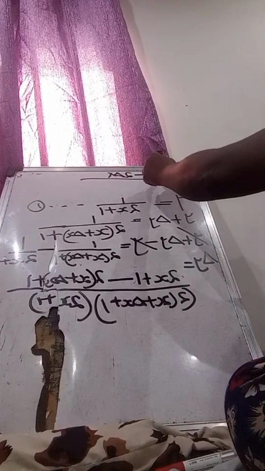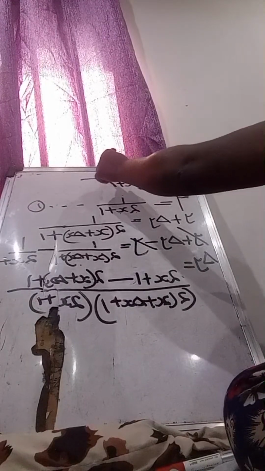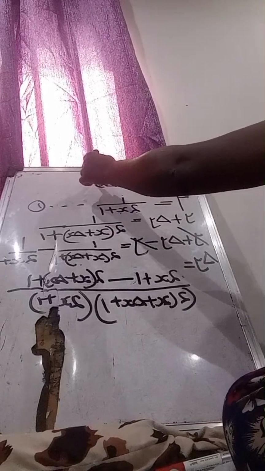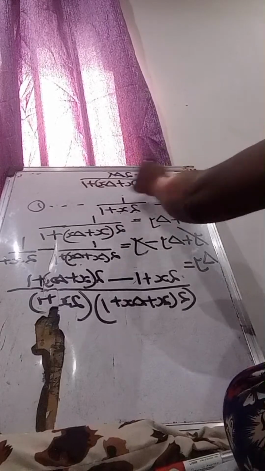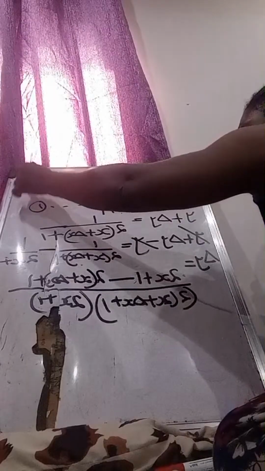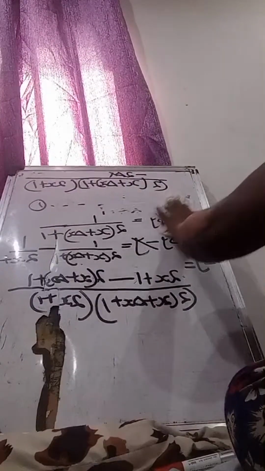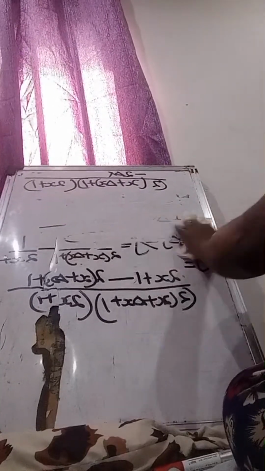So we have 2 brackets x plus change in x plus 1. Then under brackets, 2x plus 1. Is there anybody that is not following up to this point?